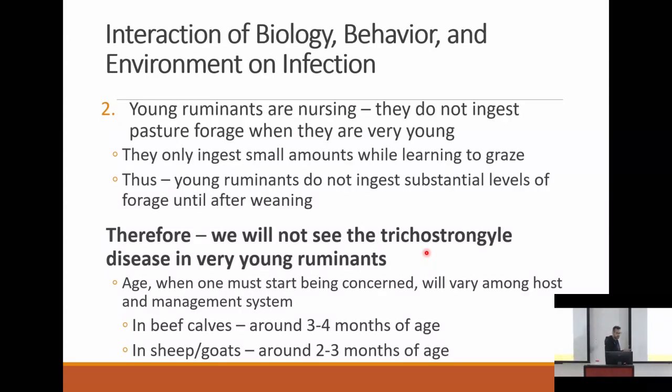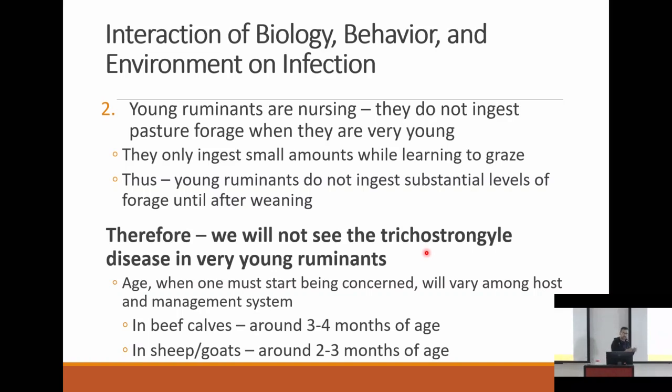Young animals, because they are in the nursing stage, do not ingest pasture or grass. They are normally in the confinement situation, and they will not be infected very quickly. Young animals do not ingest forage until they reach the weaning stage and go outside to graze.